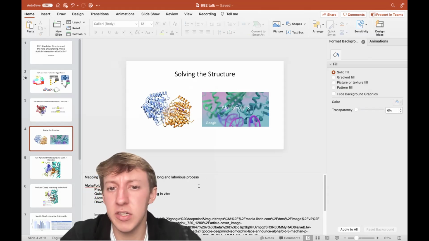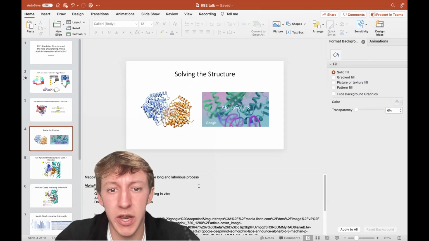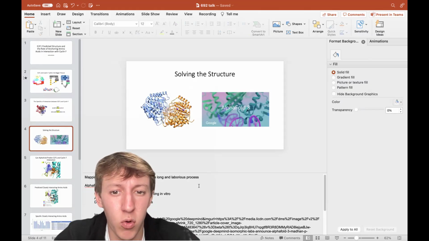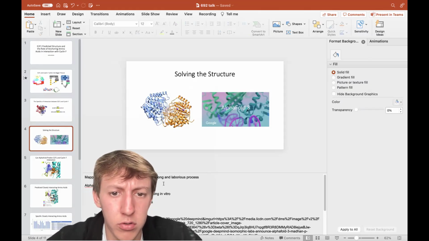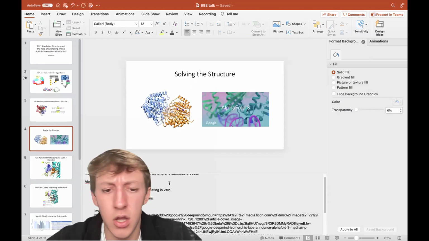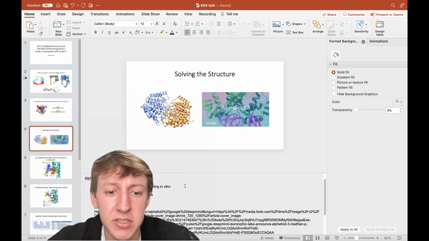You plug in different amino acid primary sequences and it will spit out an IPTM score, which is a confidence score, and a predicted structure for this protein interaction. This is quicker and more convenient than testing in the lab, and it allows for more testing in less time. But there is a downside.